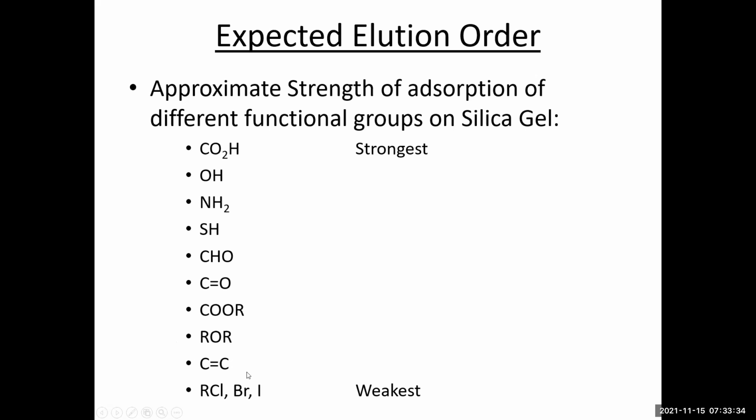And then our non-polar compounds like alkenes, alkynes, and alkyl halides will not adhere very well to silica gel. They have the weakest interaction with it, and therefore they're likely to pass right through the silica gel and not be strongly bound to it. And so they'll move really quickly, as opposed to slowly, through a column or up a TLC plate.